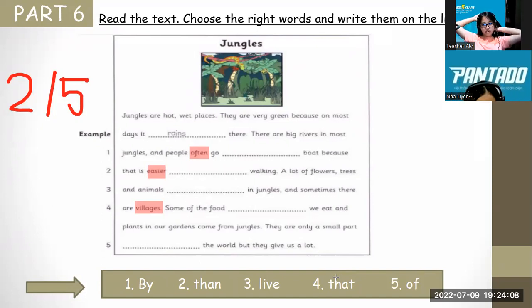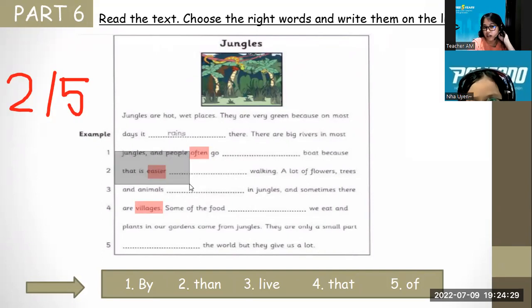Okay, so thank you for reading that one, Uyen. So now I want you to repeat this word. How do you read this? Often. You say often, the T is silent. Okay, what about this one? Easy. Okay, you say easier. Okay, how about this?